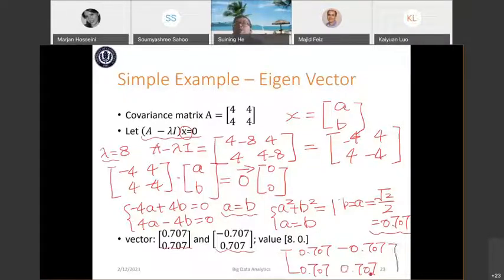When it returns like this, the first column usually corresponds to the first eigenvalue, which is 8 here, and the second column corresponds to the second eigenvalue. So please be aware of the output results of those PCA algorithms here.